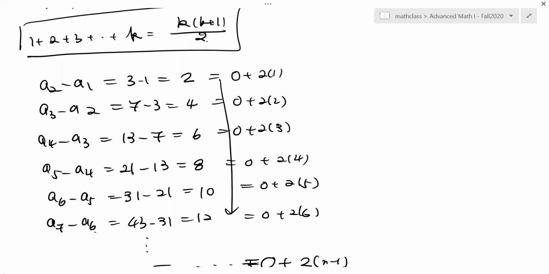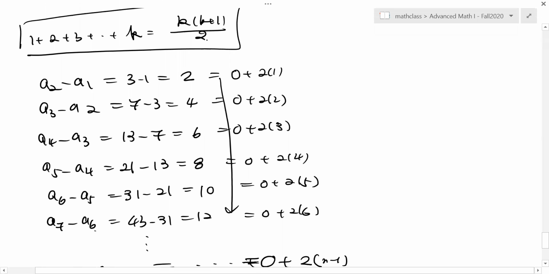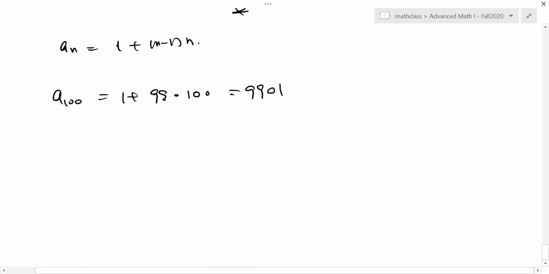It's not necessary, just 2 times 1, 2 times 2, 2 times 3. But if the first term is not a 2, the first term is 3, for example, then it will be 1 plus 2 times 1. So there's a term here, but since it becomes 0, you don't need to write it every time. Yeah, it's not necessary to put a 0 there.